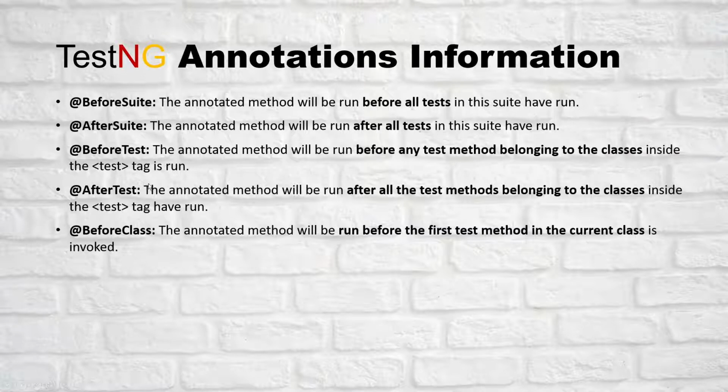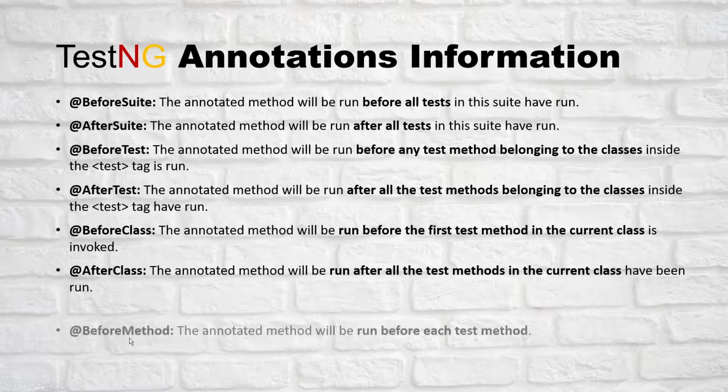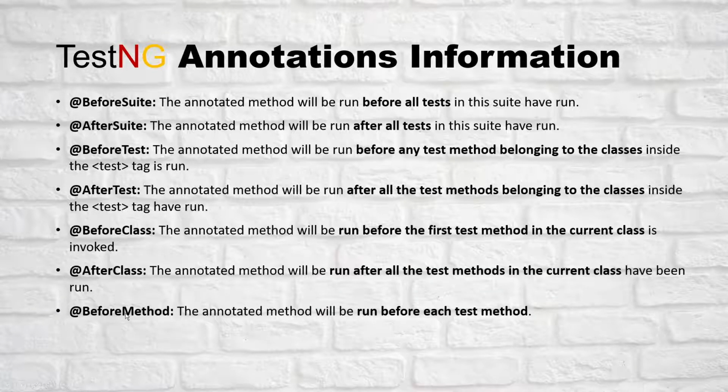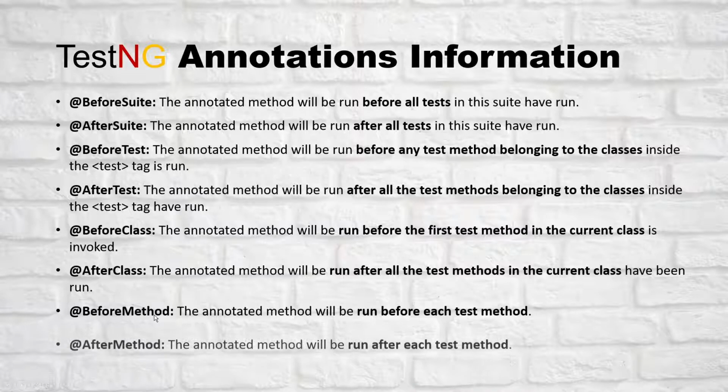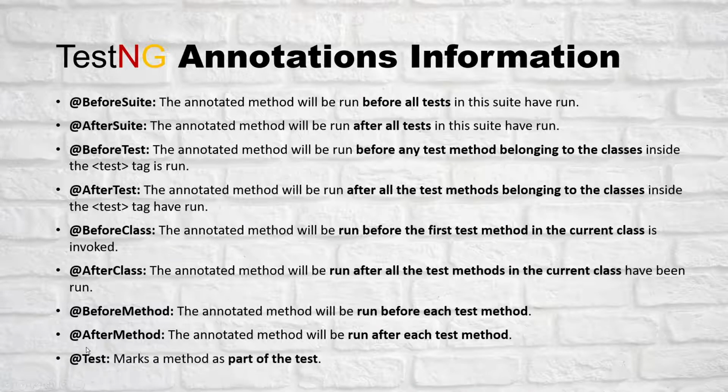I was just asking you to test yourself. After executing before test, it will look out for anything with before class. Similarly, after before class we have before method, and after before method it will look out for the test. And after the test it will go in reverse order.